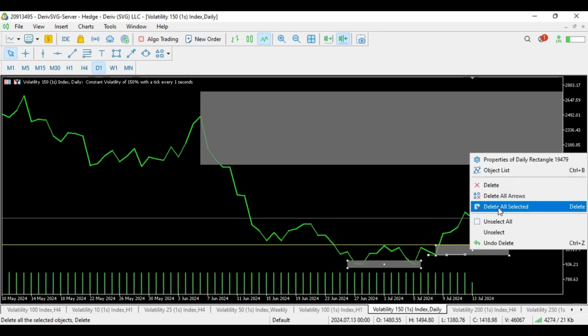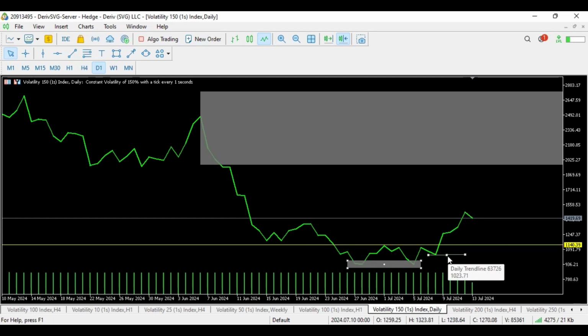So let me remove this one so that I can explain something here first. We are trying to see the narrative where we can find a point of interest. First of all, we have seen a double bottom, and after that we can see the neckline has been broken, and our line of sensitivity is an area where we call the neckline in this case of ours.